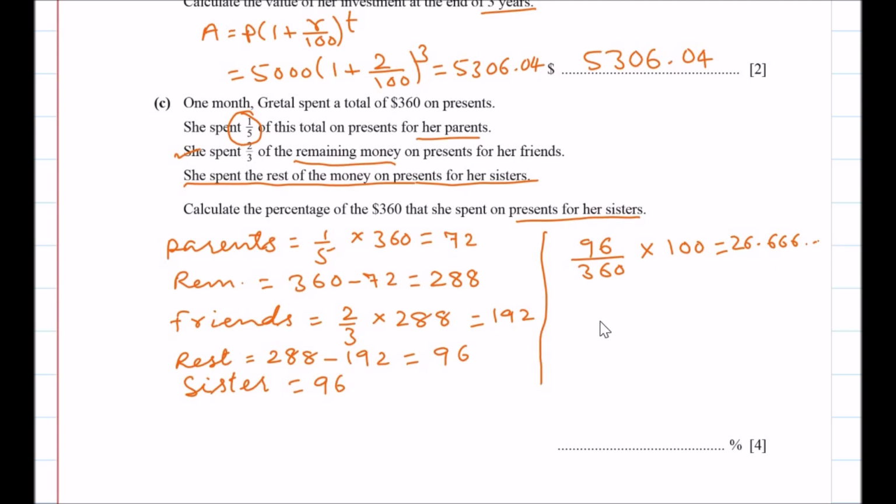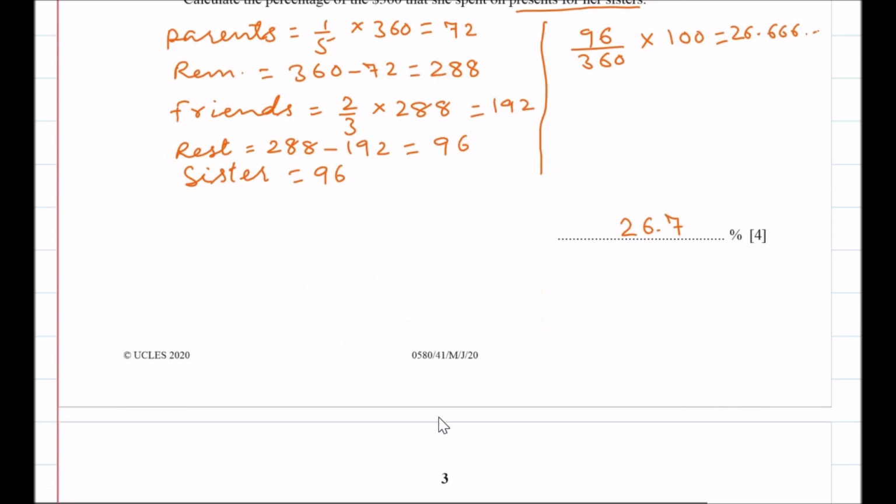Okay, so we will be writing 26.7% to 3 significant figures. So we are done with this part of the question. Let's go to the next question. So that is part B.